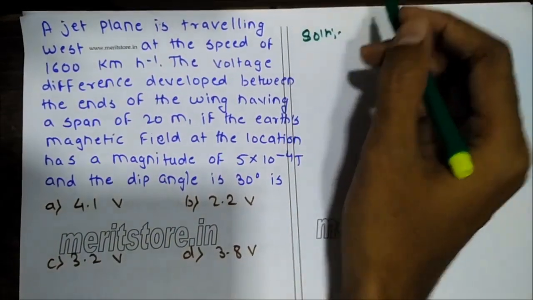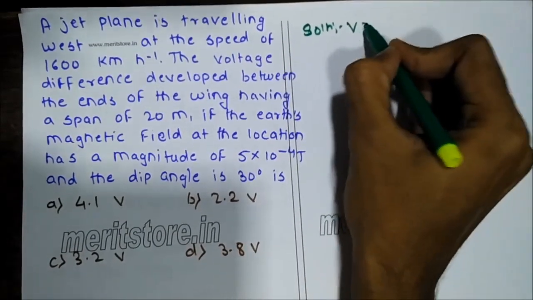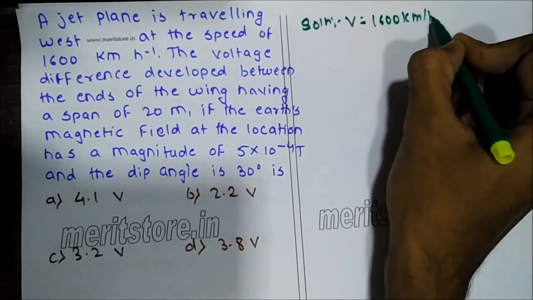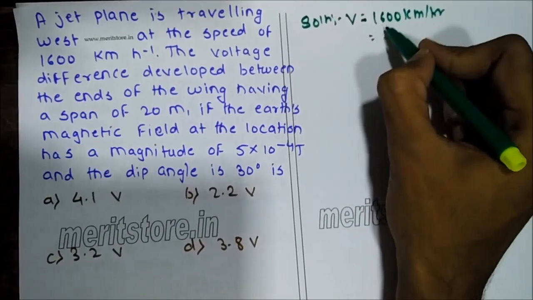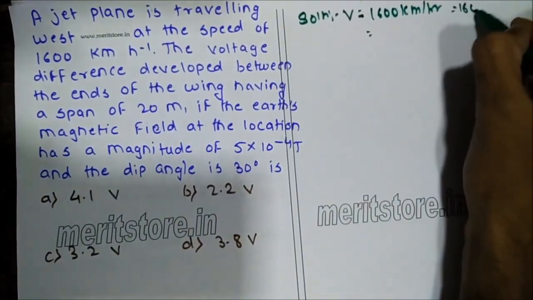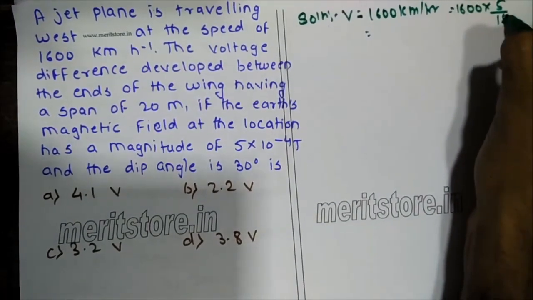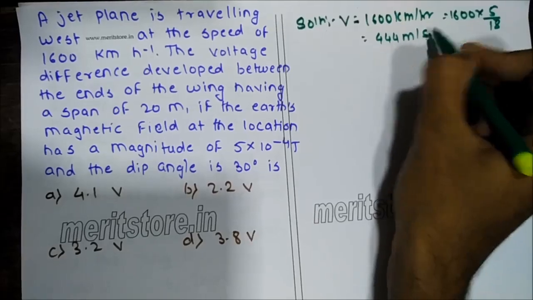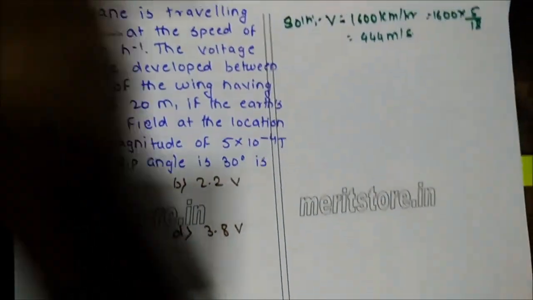The velocity is 1600 kilometers per hour. Converting into meters per second, we get 1600 into 5 upon 18, which gives 444 meters per second.